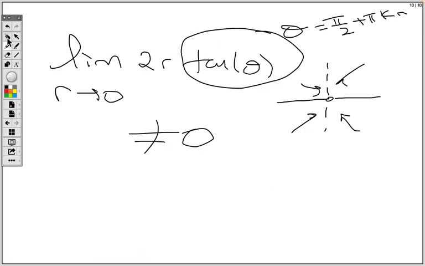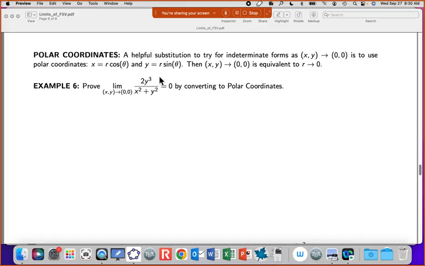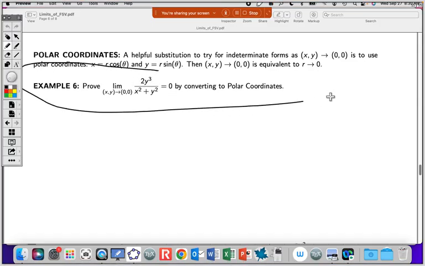All right? And there's something on the next test or take home, I forget which one, where you get to use polar coordinates. So this is a helpful way to show that a limit exists if you have a 0 over 0 as you're heading into the origin, and you suspect it's going to be 0.